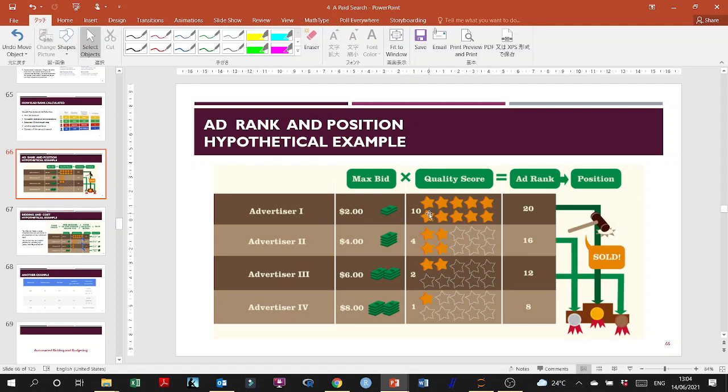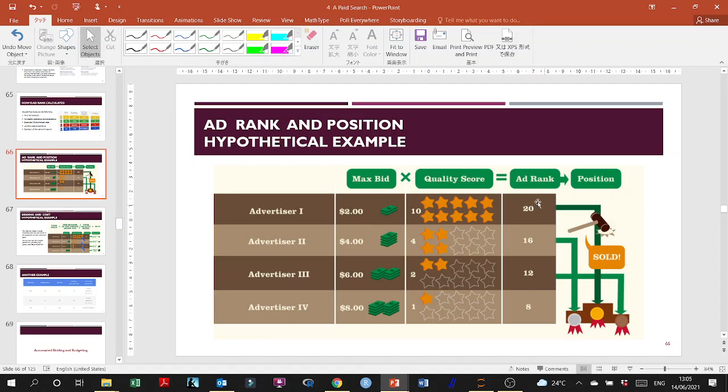So what happens? Google will rank and order the different advertisers that are candidates and entered an auction based on their quality score. So the highest quality score goes on top, and this advertiser will have the highest ad rank, because hypothetically, let's say we're multiplying 10 by 2, then 20.